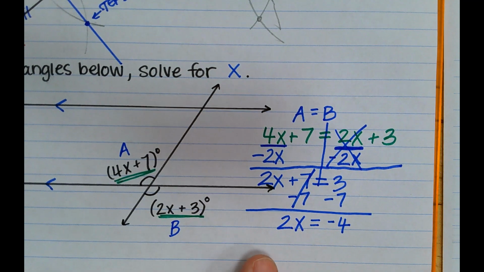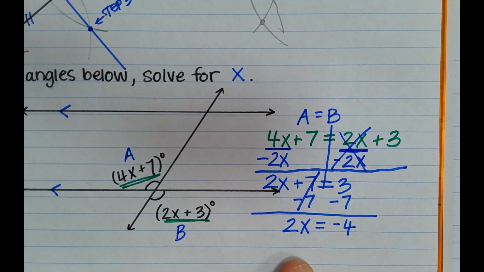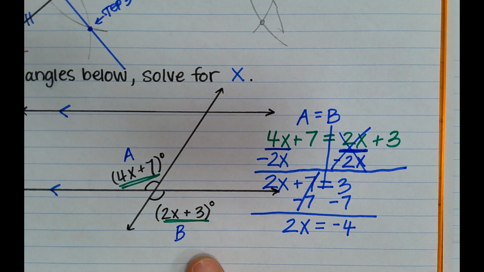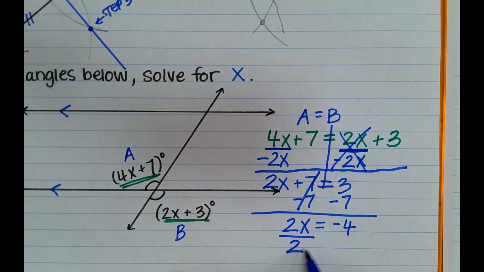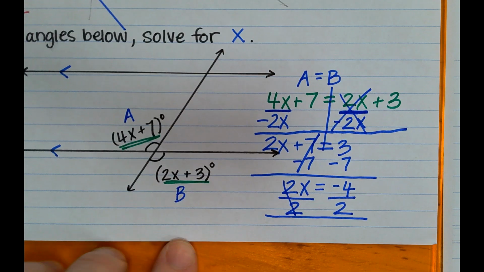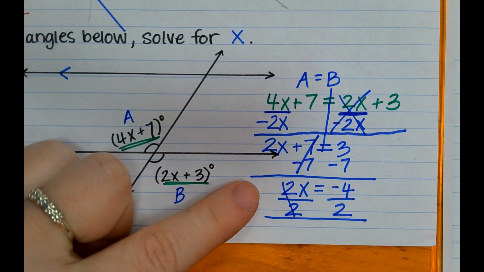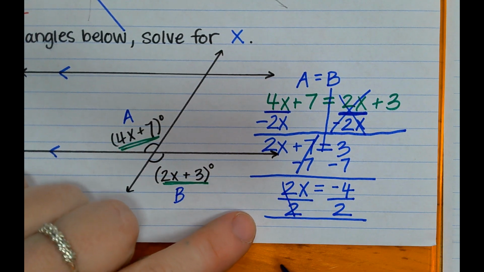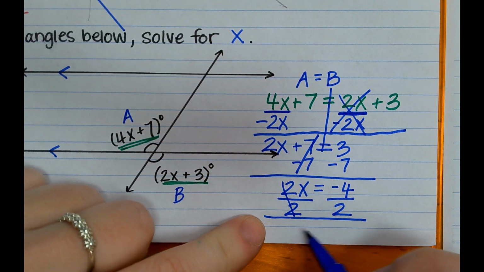Now I've got 2 times x equals negative 4. How am I going to get rid of this times 2 here? Divide by 2. Yes, I'm going to divide by 2, and that's going to get x by itself. I've got to do that to both sides. Since my 2s cancel out, 2 divided by 2 is 1, so I've got 1x.